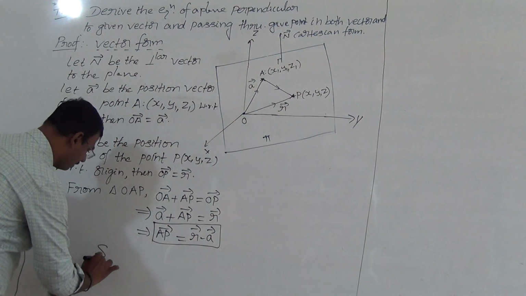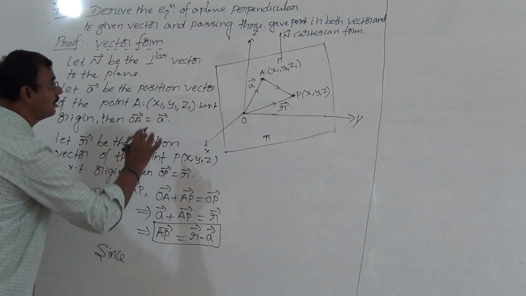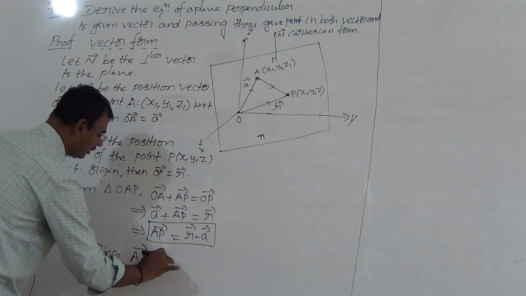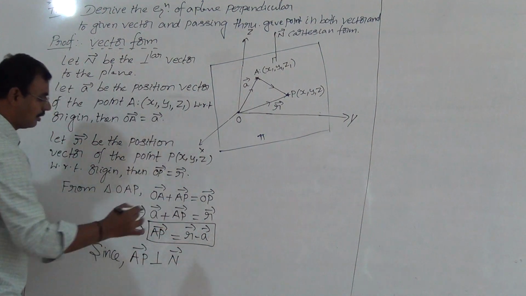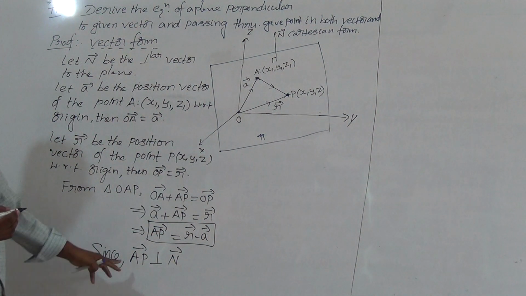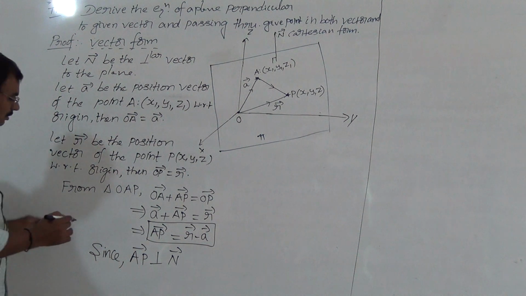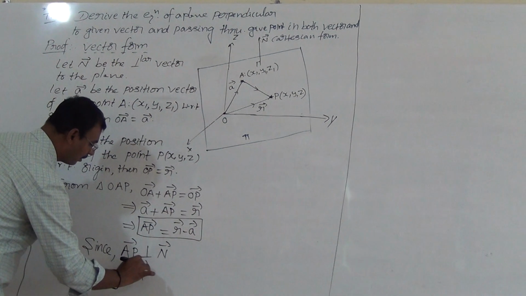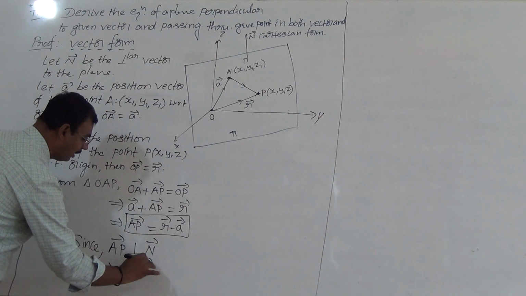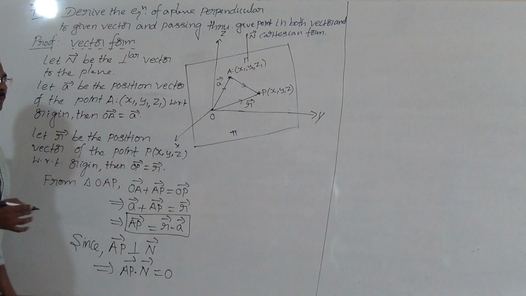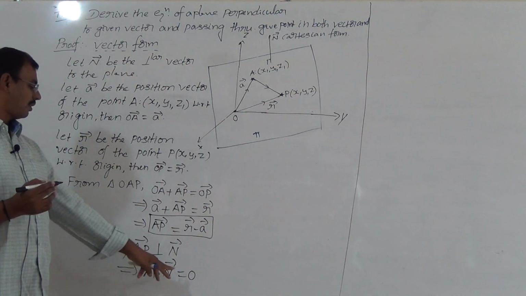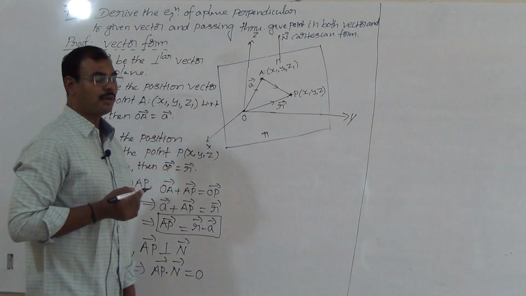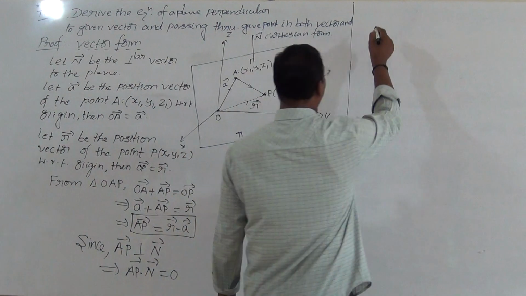Since AP vector is perpendicular to n vector, and two vectors being perpendicular means the dot product will be 0, AP vector dot n vector is equal to 0. What is the AP vector? R bar minus A bar.